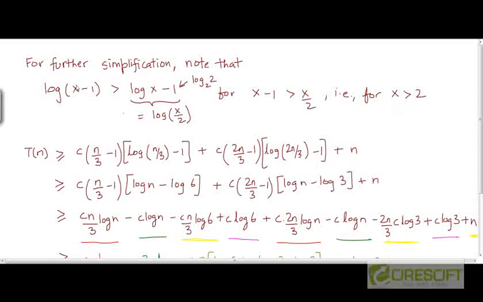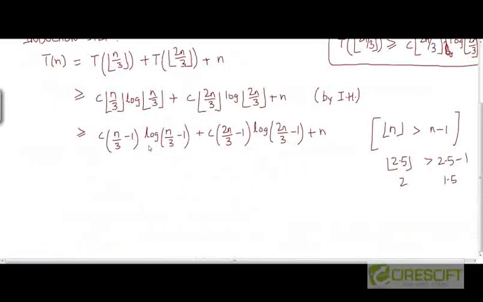So as long as the argument here is greater than 2, log of that argument minus 1 is greater than log of that argument with the minus 1 outside. So we can use this to pull this minus 1 outside the log and thereby have a log of n term which can be combined with Cn.